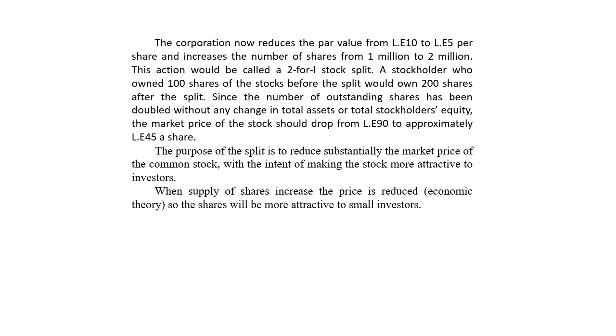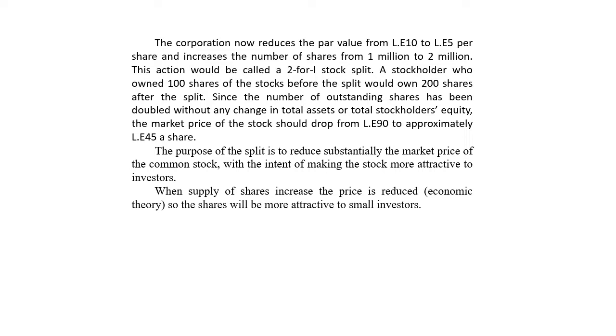So the corporation now reduces the par value from 10 to 5 per share and increases the number of shares from 1 million to 2 million. This action would be called a 2-for-1 stock split. 2-for-1, doubling and half. A stockholder who owned 100 shares of the stock before the split would own 200 shares after the split.